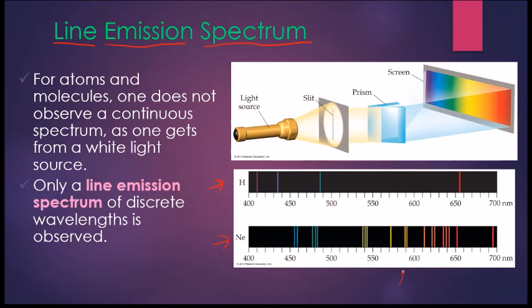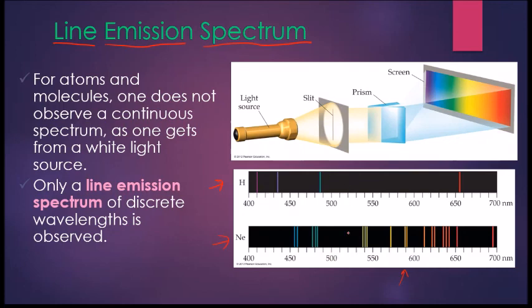However, neon, as you can see below here, has many more lines and many more patterns, but that's because neon has a lot more electrons than hydrogen. Neon has 10, so there are many more combinations of ways the electrons are behaving to produce these many colors of light in its line emission spectrum.